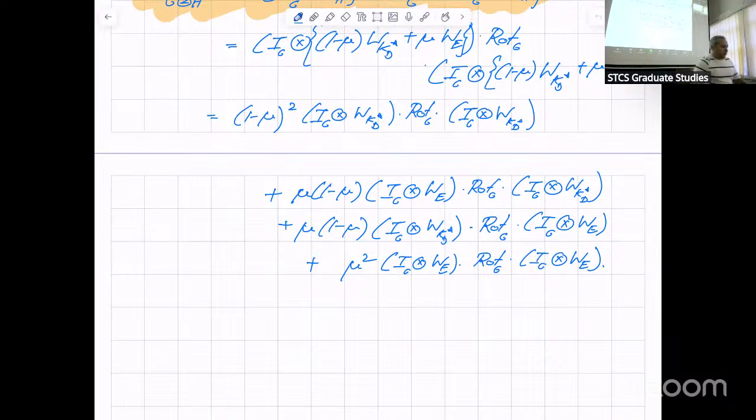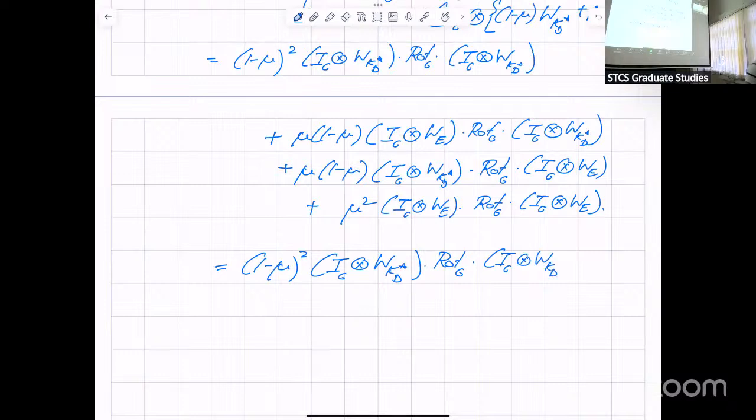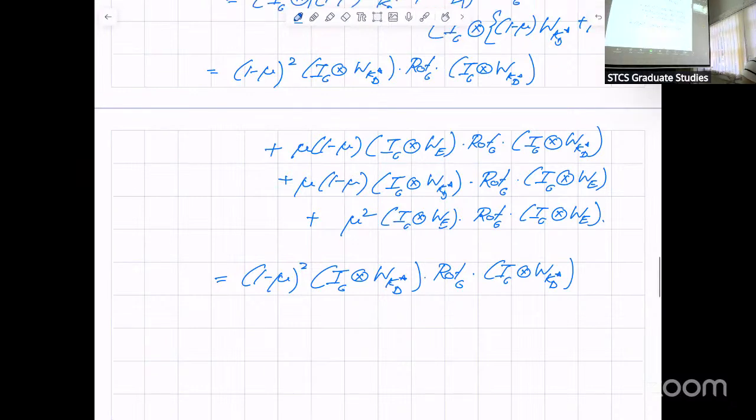So at the end of this, I want to claim all that you have is 1 minus mu squared times I_G tensor W_KD star, a graph which we already knew how to analyze. This particular graph was a special case which we did. Plus, I'm collecting mu, 1 minus mu, all of those.